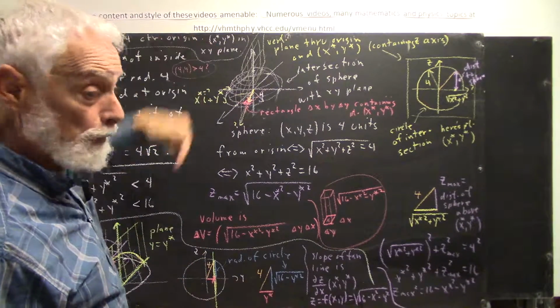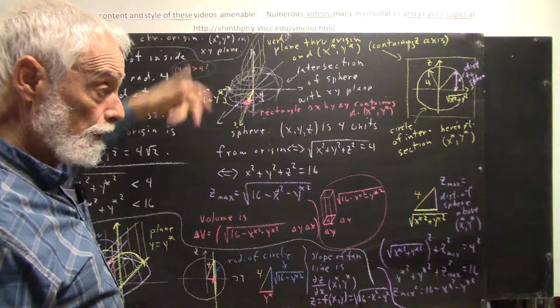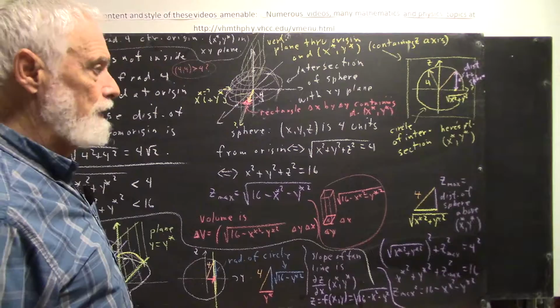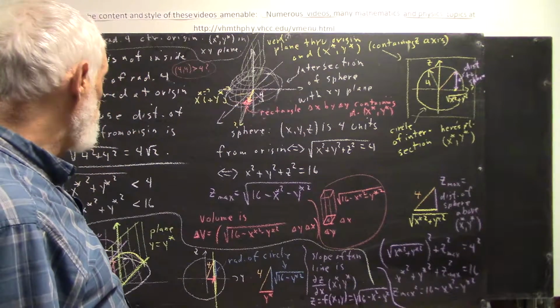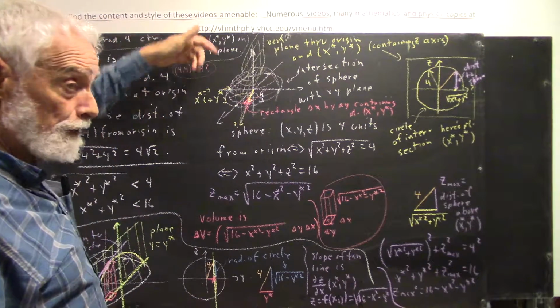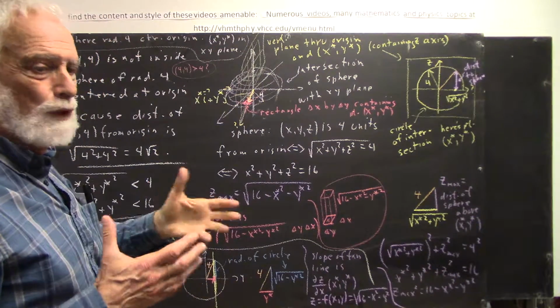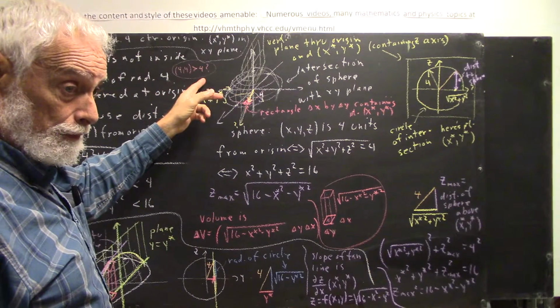Only numbers can be greater than 4. Okay? A point can't be greater than 4. Now again, the impulse was there, it's further than 4 from the origin. That's good. But you want to be careful to phrase things in a way that's well posed, okay? And that's not a well posed statement.